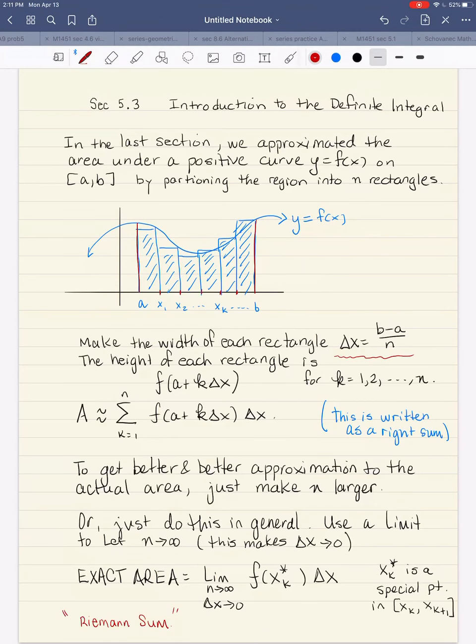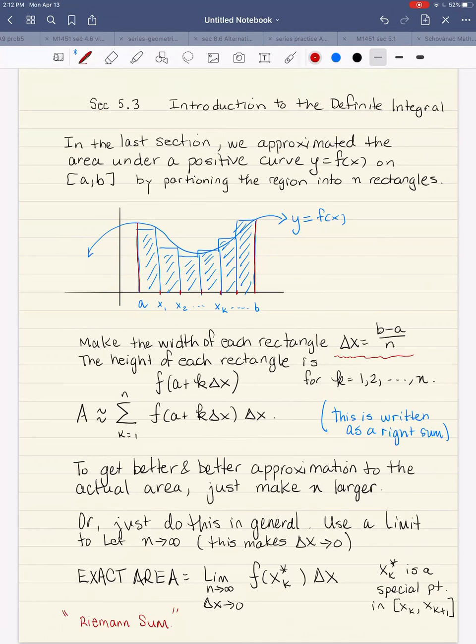The picture I've drawn gives you the right endpoint. The value of the function at each of the right endpoints is the height of each rectangle, and then the width is delta x. So the overall area is the sum of the areas of however many rectangles you decide to draw.